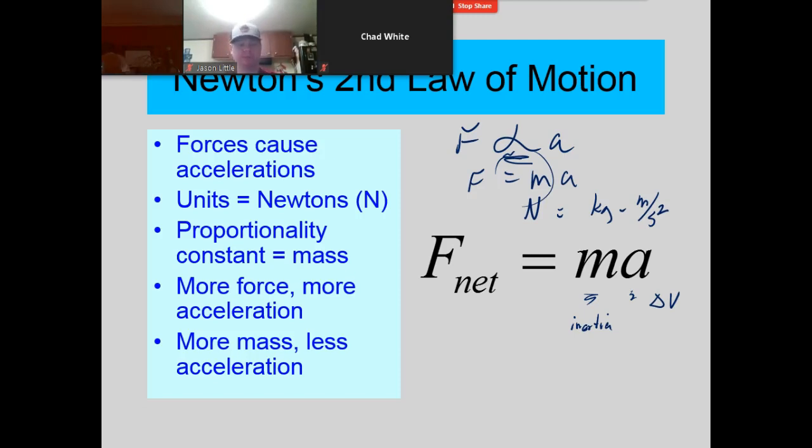Or if you accelerate it more, it requires more force. However, if you have a constant force acting on an object and you increase the mass, the acceleration goes down because the force is constant. On the other hand, decrease the mass, you increase the acceleration.